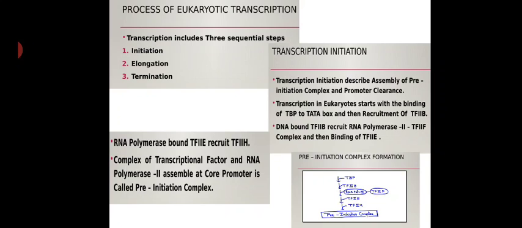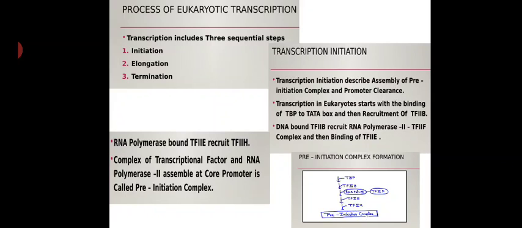The RNA polymerase, when bound to transcription factor 2E, recruits transcription factor 2H, and the main role in this process is done by transcription factor 2H. It opens up the DNA and phosphorylates the CTD of RNA polymerase 2, mainly the RPB1.